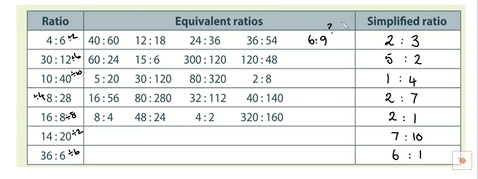And what was your reasoning for 6 to 9? Divide both those by 6. Does that work then, 6 to 9? Are there any other options? Yep. Divided it by 9, you got 4 to 6. That works. But it's the same as the beginning.